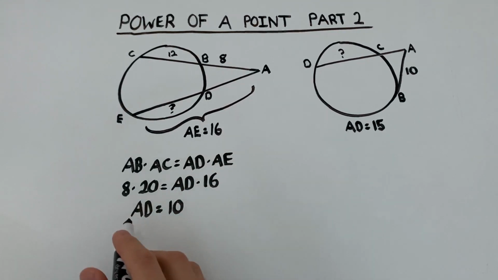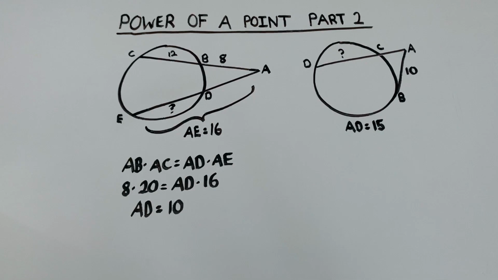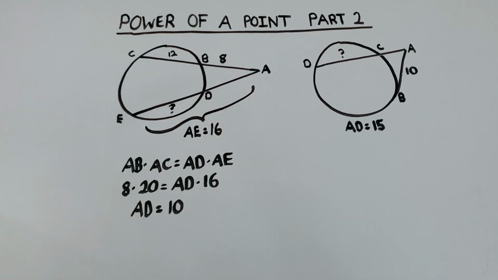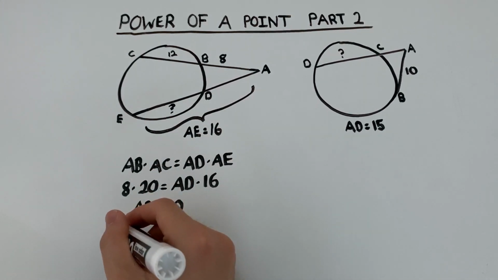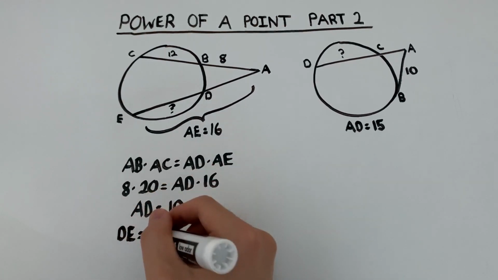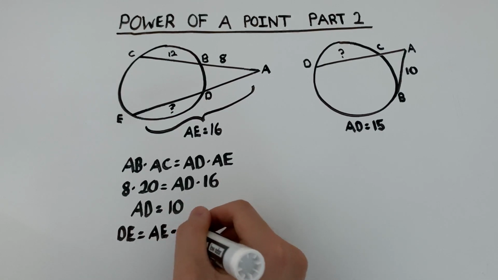Okay, so that's AD, but that's not what we're trying to find. We want to find DE. So how can we find DE? Well, if we know the total length AE is equal to 16, then DE is just going to be equal to AE subtract AD.